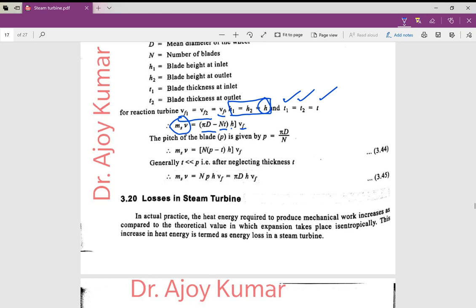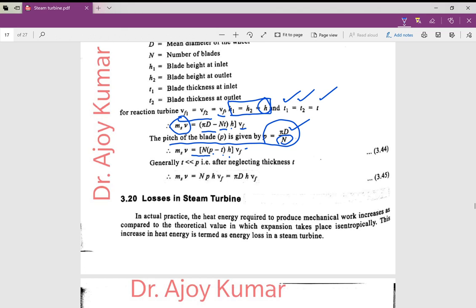Now this pitch P we can calculate as total perimeter divided by number of blades, so this equation reduces to n into p minus t into h.